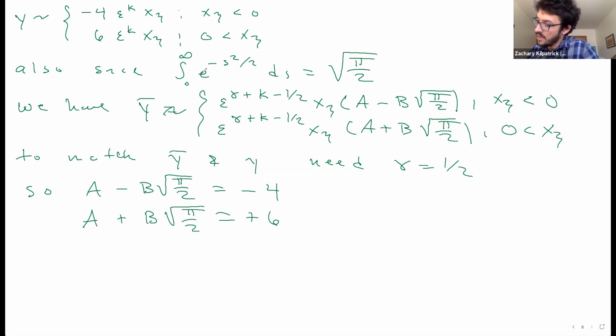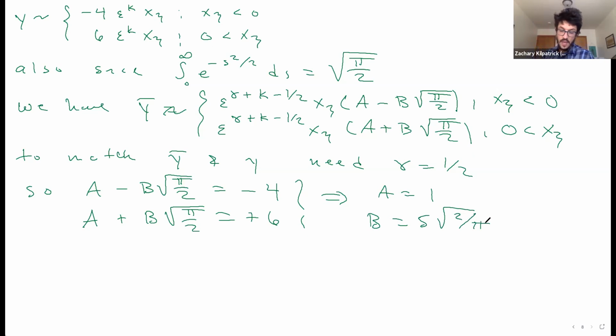Then all we have to do is match the coefficient that I get here to the coefficient I get here, and the coefficient I get here to the coefficient that I get here. So I have this linear algebraic equation now that I can solve. A equals 1, B equals 5 square root of 2 over pi. And those are the coefficients of our inner corner layer solution now.